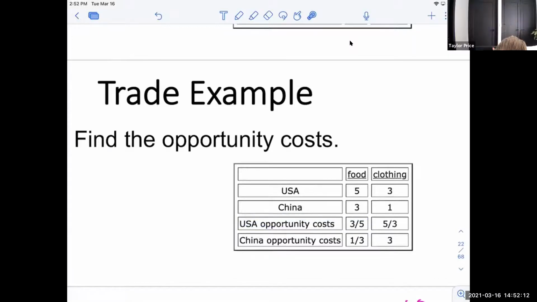So all we're going to do is take clothing over food, and that gives us the opportunity cost of producing food. And so we do that for all of the goods to determine how the countries are going to trade. Let me pause here just to make sure everyone's on the same page before I move to the next step of the problem.